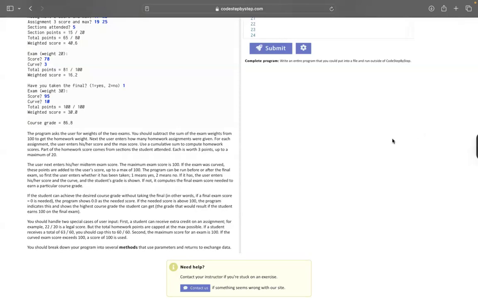Use a cumulative sum to compute homework scores. Part of the homework scores come from sections the student attended. Each is worth 3 points up to a maximum of 20. The user next enters his. Okay, sure. So you basically enter your scores one at a time. I won't read every single specific instruction. We can go through those together.